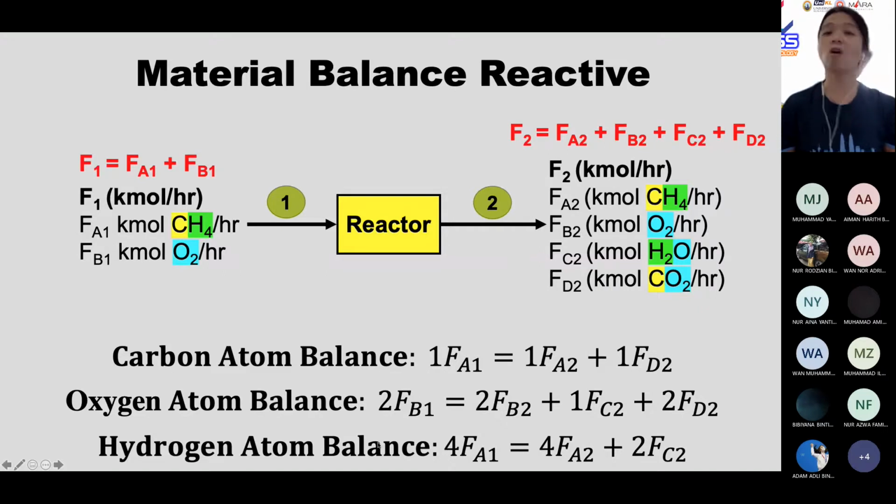Okay. Now for oxygen. Now you have to look at oxygen. Oxygen in the inlet, the oxygen atom comes from oxygen gas.